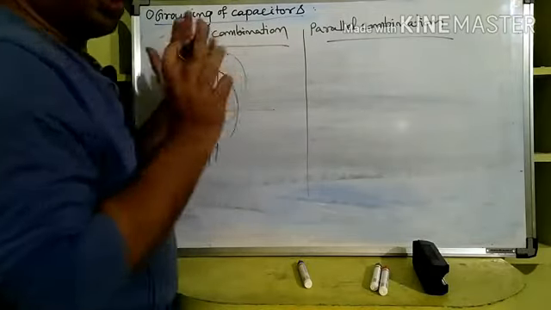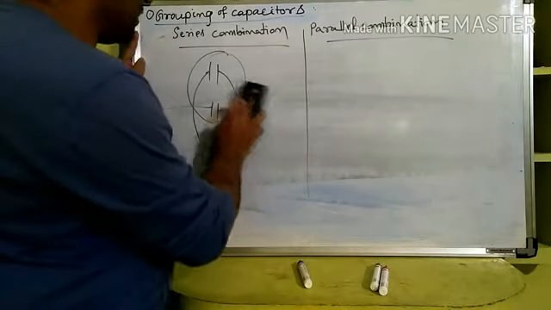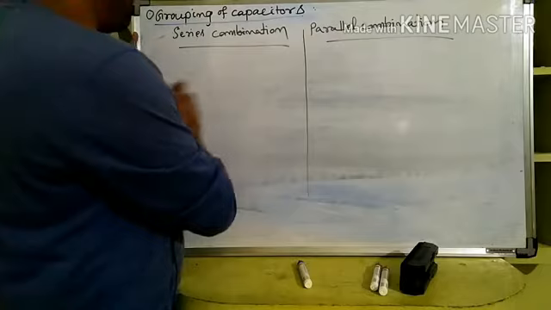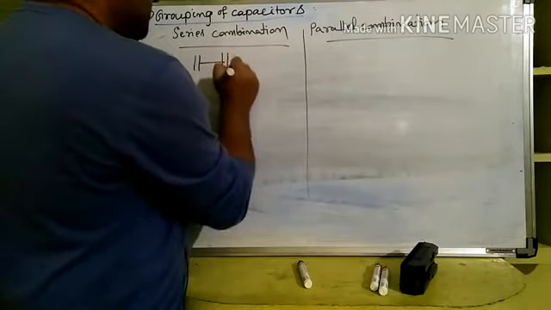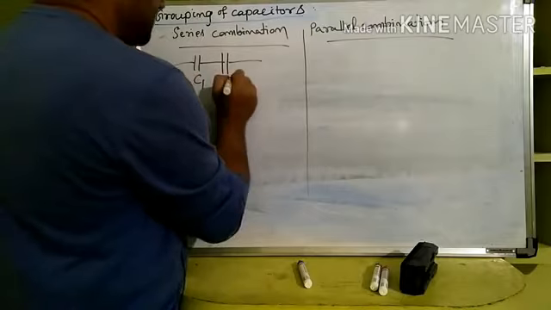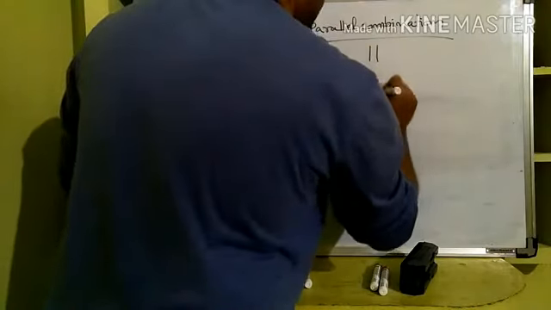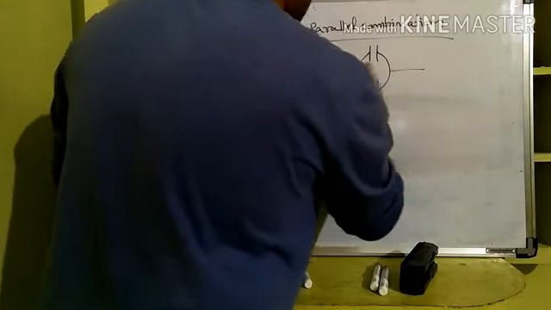So always two capacitors we can deal with while doing the numericals effectively. So let us imagine series combination of two capacitors and parallel combination of two capacitors. So this is C1, C2 connected like this, and parallel, C1, C2 connected like this.